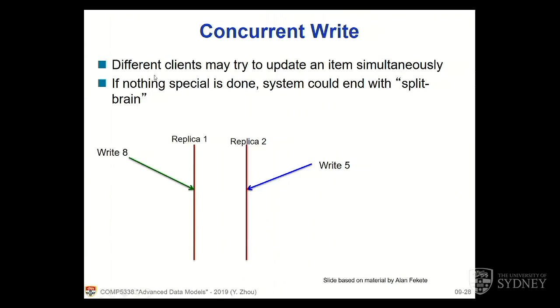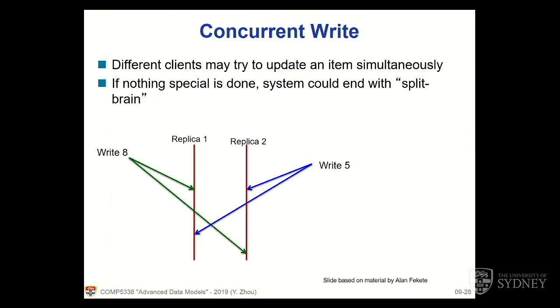Like if one client contacts this first and the other contacts this first, because this client is physically closer to this replica, and this client is physically closer to this replica. So they basically contact the closest one, and then this receives the write and tries to propagate to the others, and that one propagates to the others.